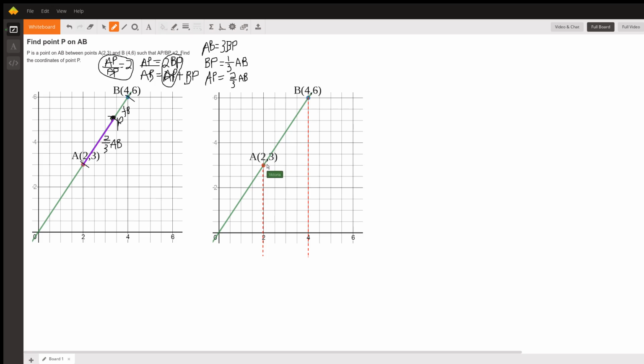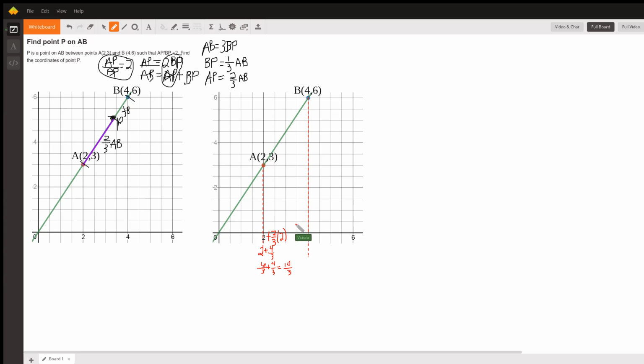So if I take this 2 and I add 2/3 of 2 to it, because it's 2 all the way across and I want to get 2/3, what I get is 2 plus 4/3, which in common denominators is 6/3 plus 4/3, which gives me 10/3.